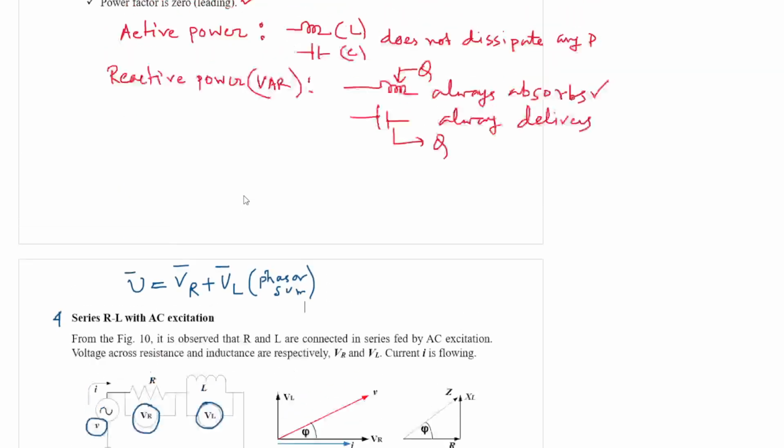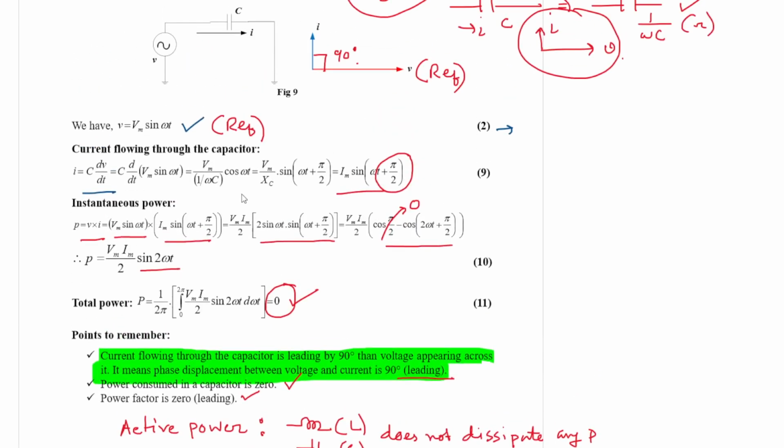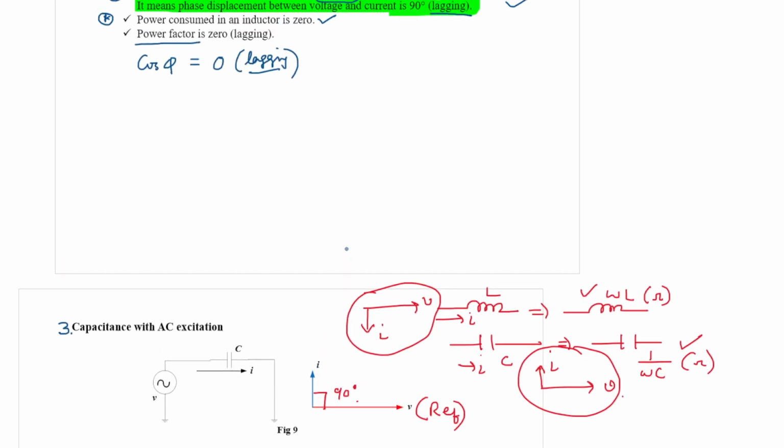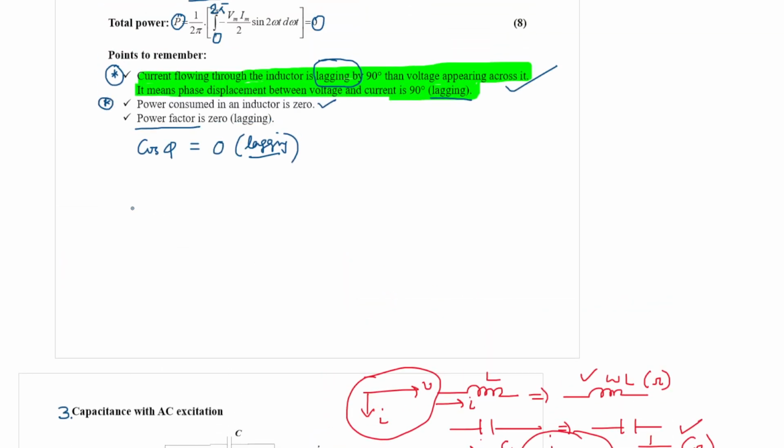From the understanding of the previous cases, the phasor diagram is nothing but representing different phasors in the same diagram. We observed three diagrams till now. For resistance R, if this is V then this must be I, they are in the same phase.